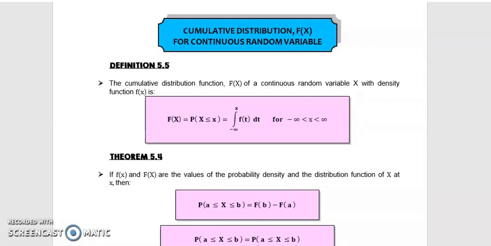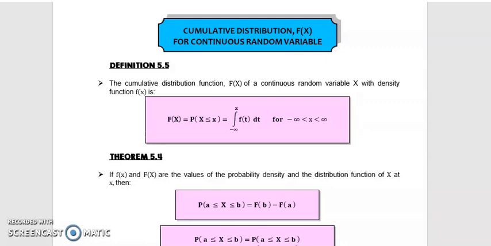Now let's look at how to find the cumulative distribution F(x) for continuous random variable. Recall that capital F is used to denote the cumulative distribution, while lowercase f is for probability density function. For continuous, we call it probability density function. Look at this definition.